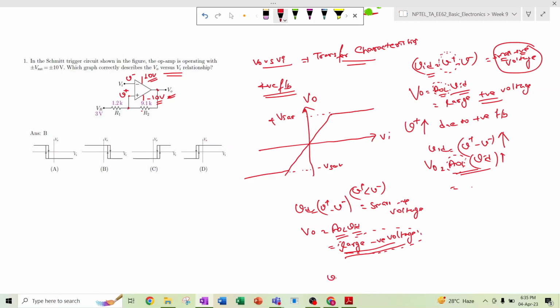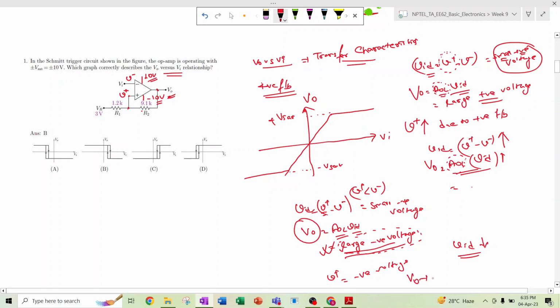So V plus is now negative, and as it is negative, V plus is reducing, that means VID is getting even smaller, and as it is getting smaller, VO becomes an even larger negative voltage. Okay, and that is again fed back. So like this it saturates. It cannot go to infinite, but certainly VO goes to minus VSAT.